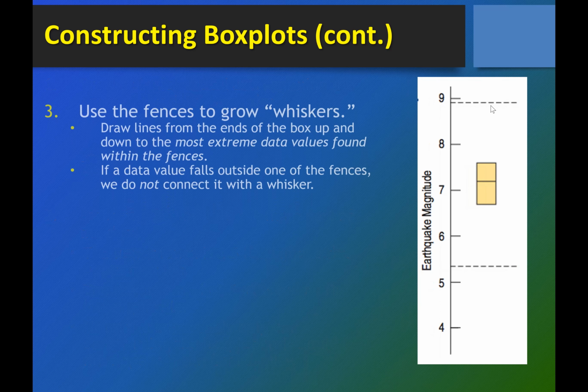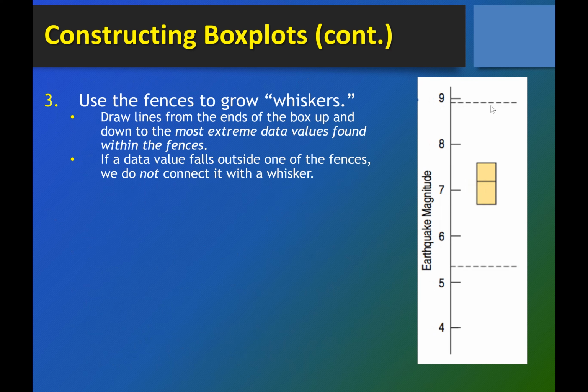Once you have that, you're going to draw your whiskers. So you've established where your fences are, and you are going to extend a line from the box up to the last data point that is either equal to or within the fences. Okay, so again, it doesn't necessarily have to go all the way to the fence.